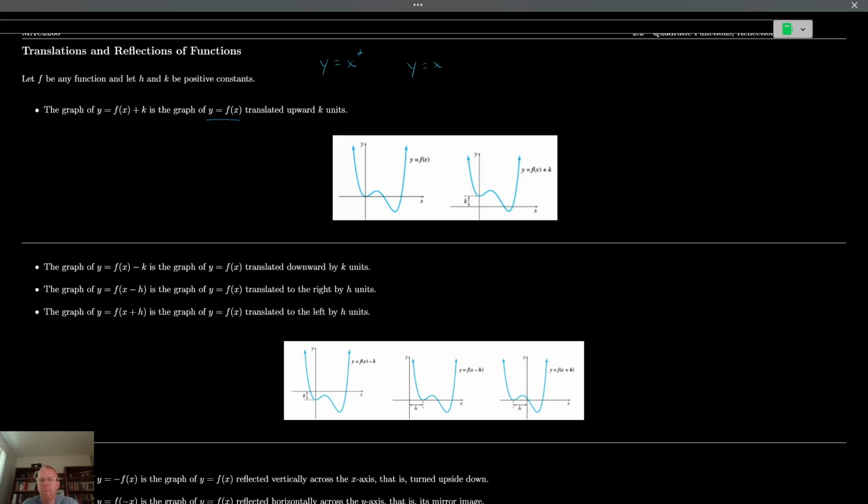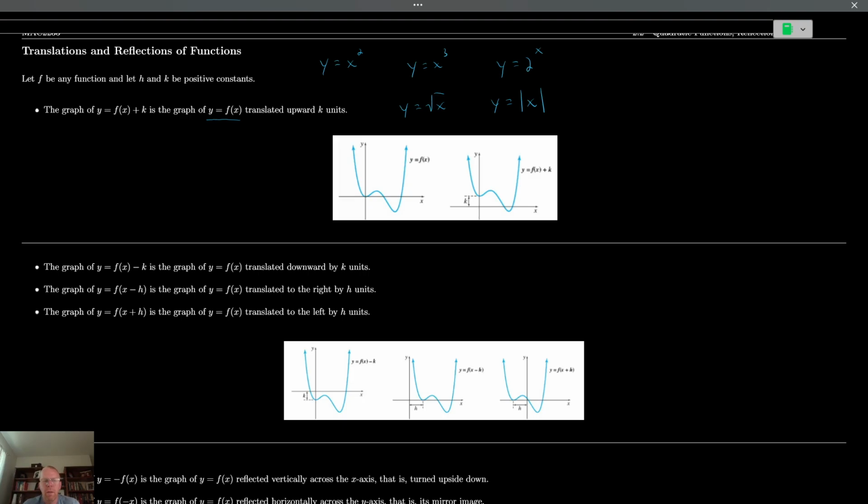You could have y equals x squared, x cubed, x to whatever exponent, y equals 2 to the x, which we'll get into in one of the next sections, a square root function, or an absolute value function. It doesn't matter what the function is. Whatever you're doing to the function will have the same effect.